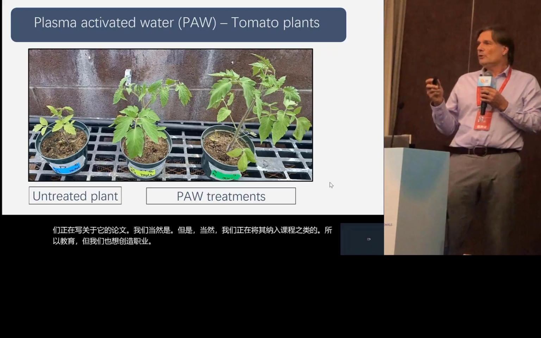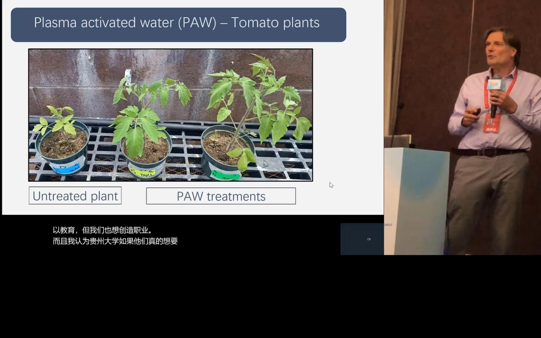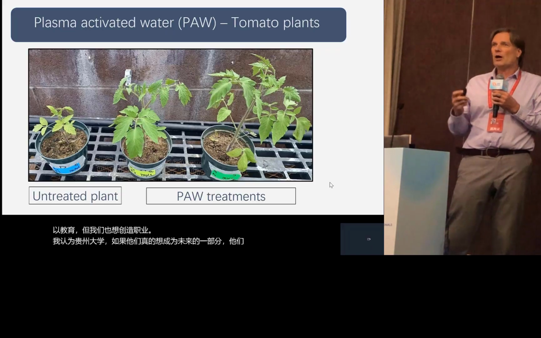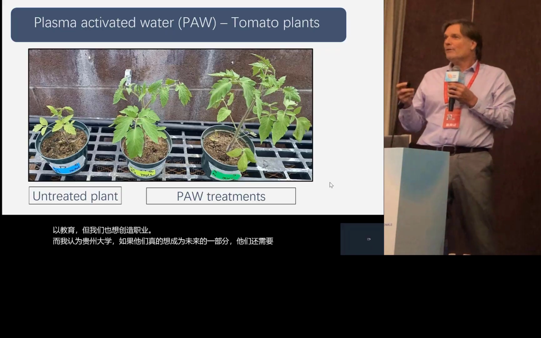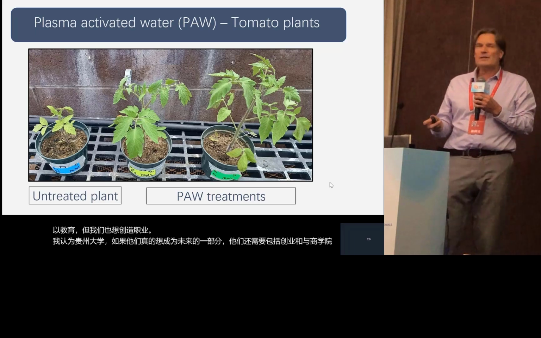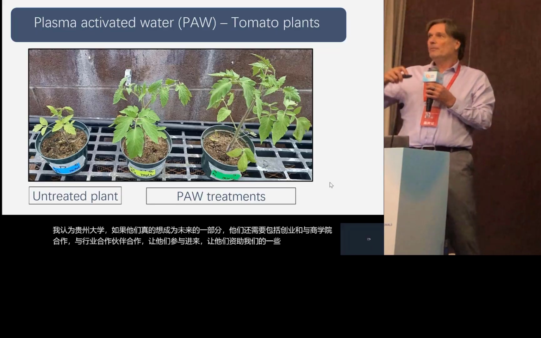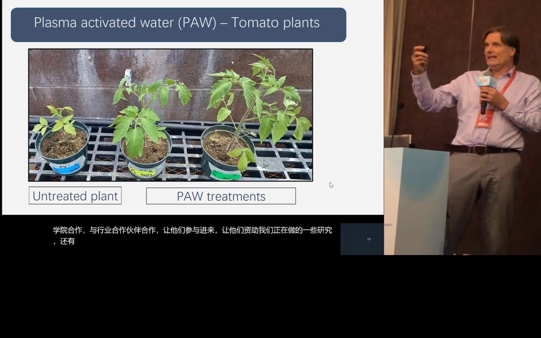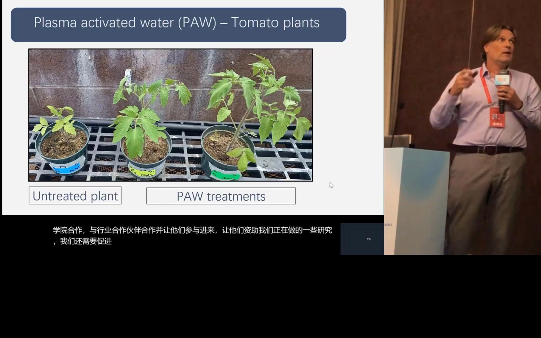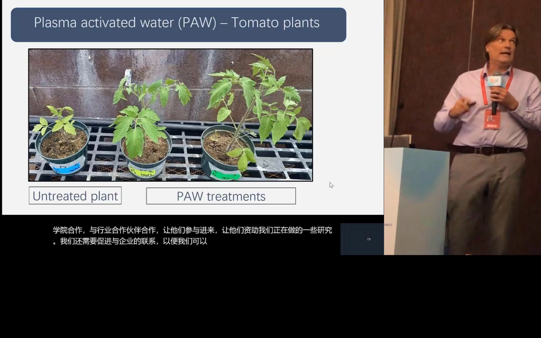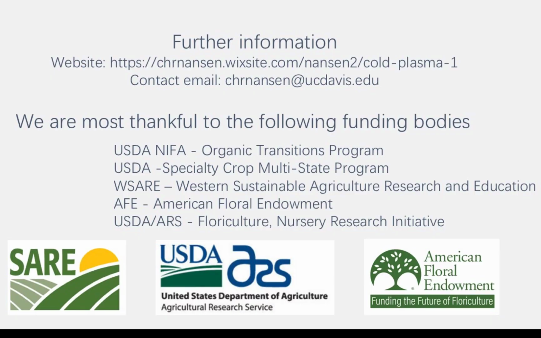And I think Guizhou University, if they really want to be part of the future, they need to also include entrepreneurship and working with business school, working with industry partners and get them engaged, have them fund some of the research we are doing. And also we need to facilitate the contact with businesses so that we can do the kind of research that they are interested in. And I see plasma activated water as a vehicle that can get young people very, very interested in sustainable crop production. So this is something we are very interested in.